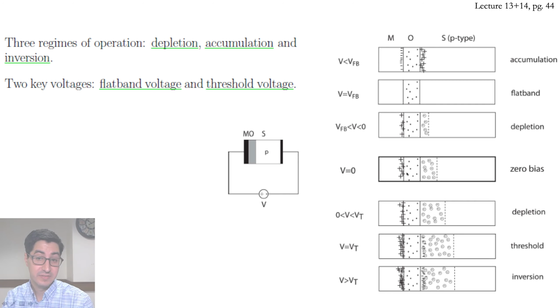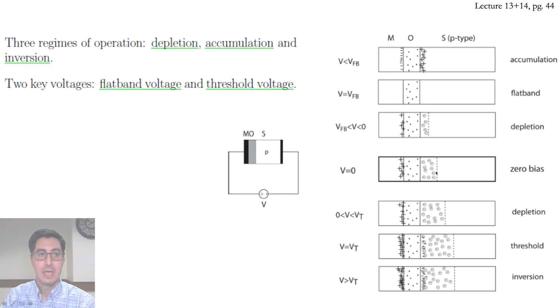What we assumed at zero bias is that the metal depletes the semiconductor, and so we've assumed a p-type semiconductor. When we deplete the holes from the semiconductor, we leave behind just the negative acceptor charge in this p-type semiconductor, and it's depleted to some distance.